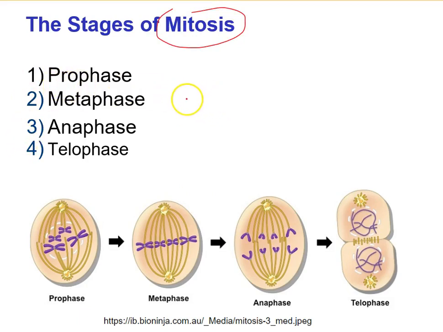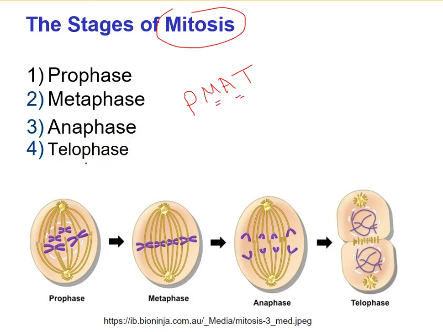Mitosis, which is division of the nucleus, has 4 stages. We can use this mnemonic PMAT for the stages of mitosis in order. P stands for prophase, which is the first and longest phase of mitosis. The second phase is metaphase. The third phase, which is so short, is anaphase, and the end of mitosis is telophase.